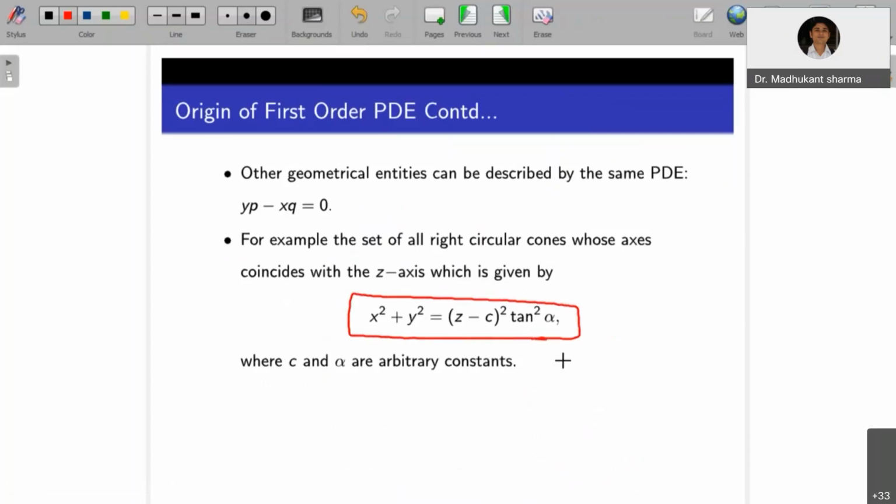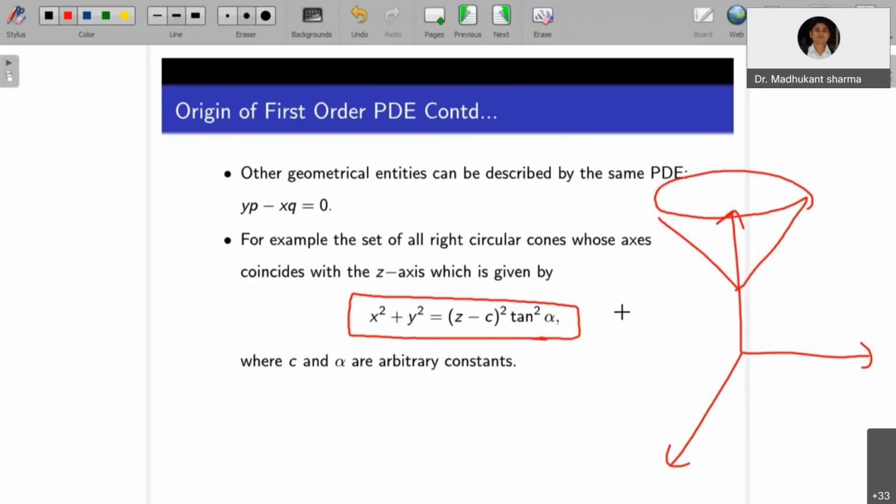You have some angle alpha, and the vertex at (0, 0, c). Something like this, a right circular cone.